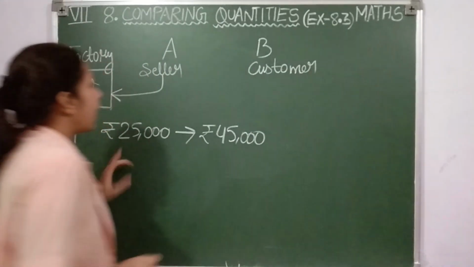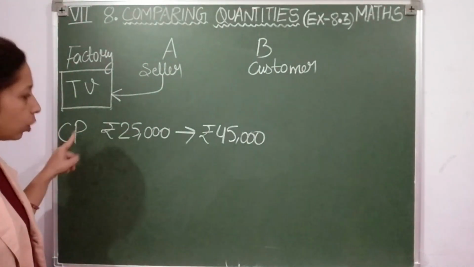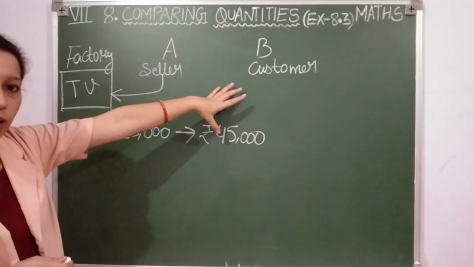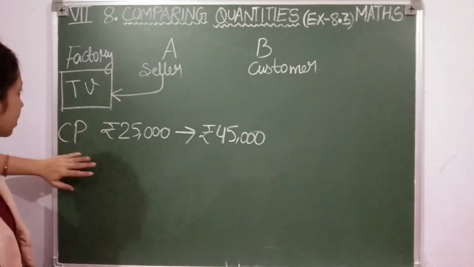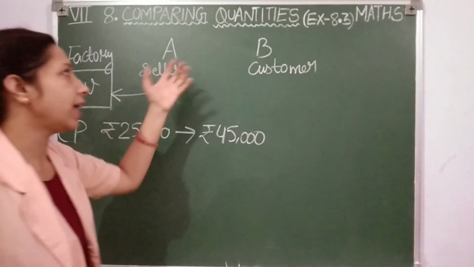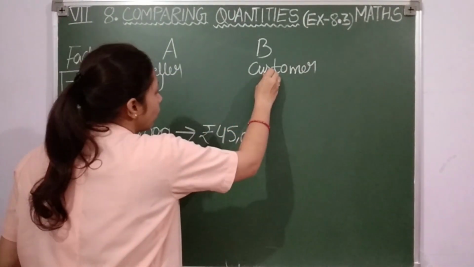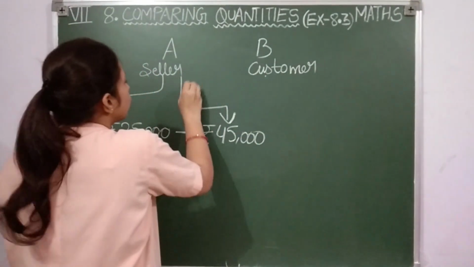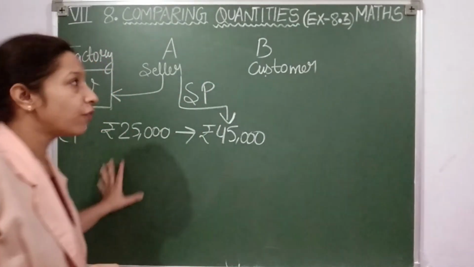Okay students, A has purchased the TV for rupees 25,000. That's why it is cost price for him. Now he is searching for customer who will buy this TV set for rupees 45,000. Okay, B is the customer. Now he came to A and A now sold his TV at rupees 45,000. So this amount will be SP for A.